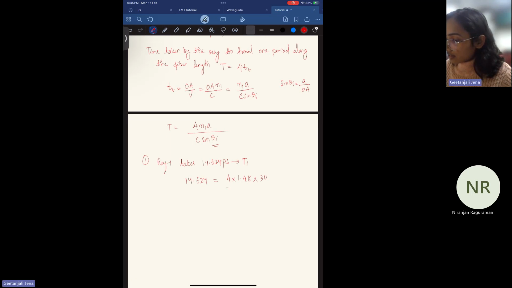And this c is 3 into 10 to the power 8 meter per second. So convert 30 micrometer to meter. This is sine theta. So just rearrange the terms so that you can get the value for sine theta.